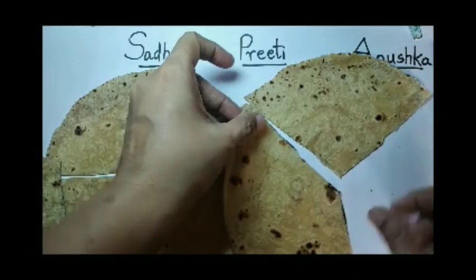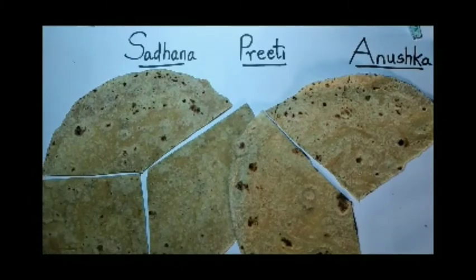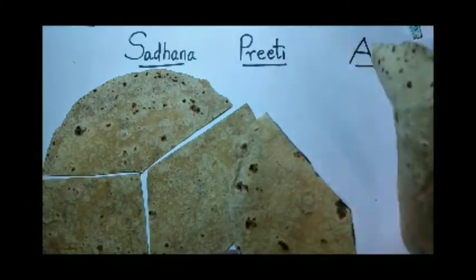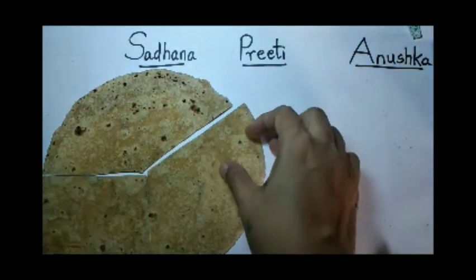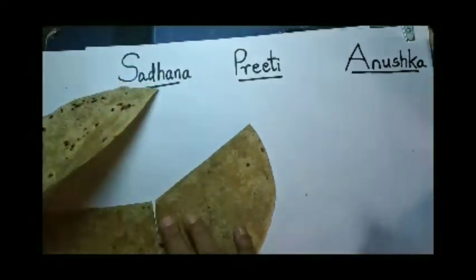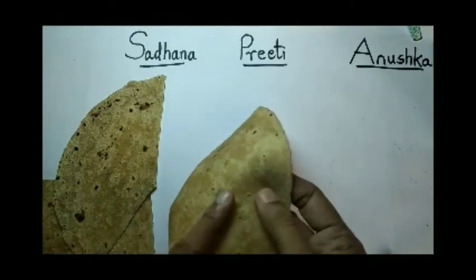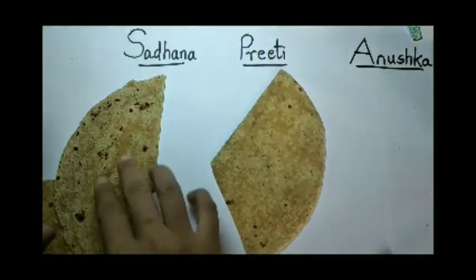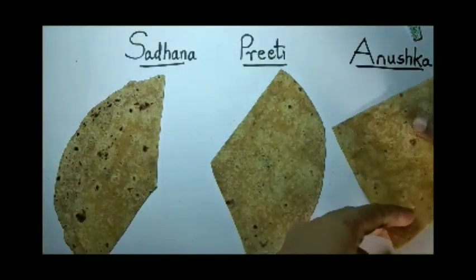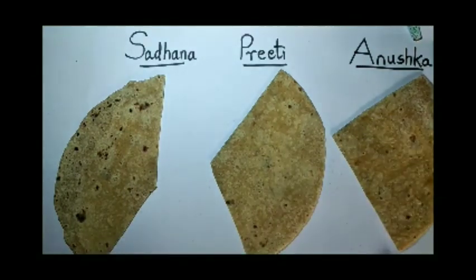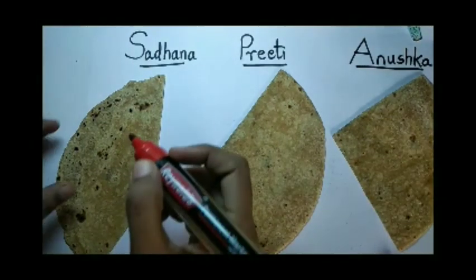So here we get three equal shares of the chapati. Now we are going to divide it. First chapati, Sadhana gets one part of the chapati, Preeti gets one part of the chapati, and Anushka gets one part of the chapati. Equal distribution of the chapati.